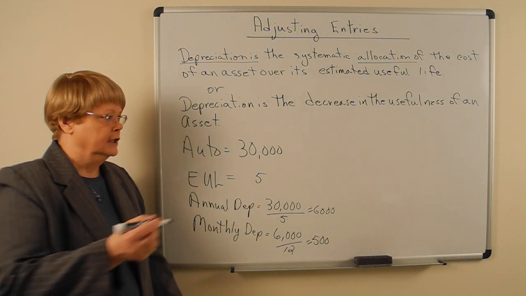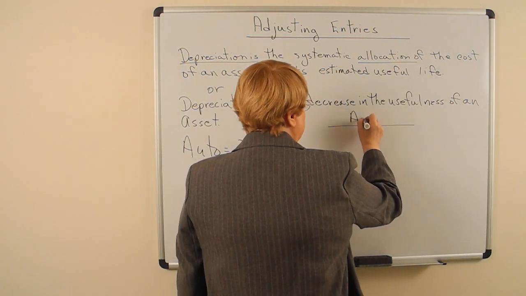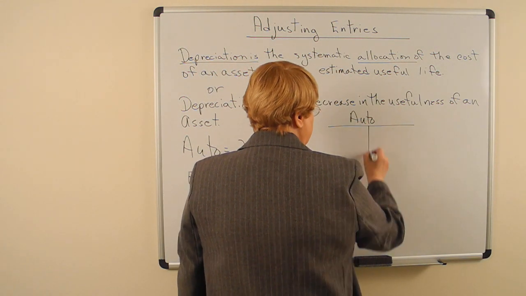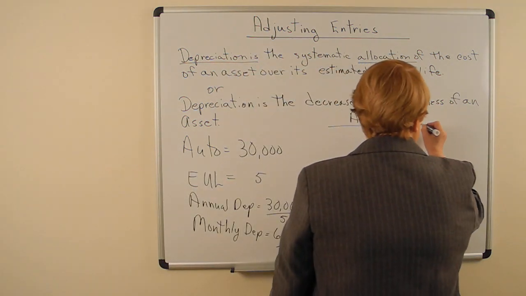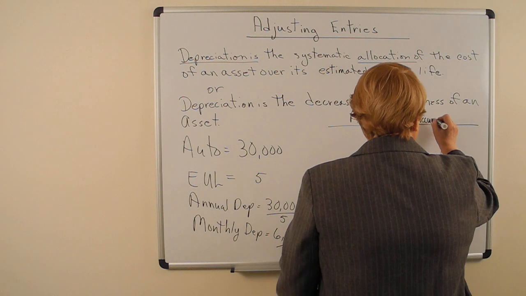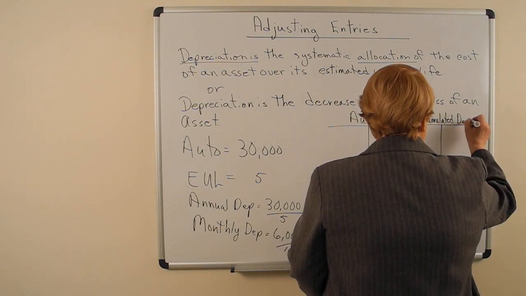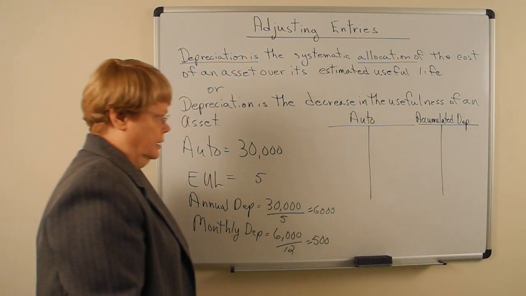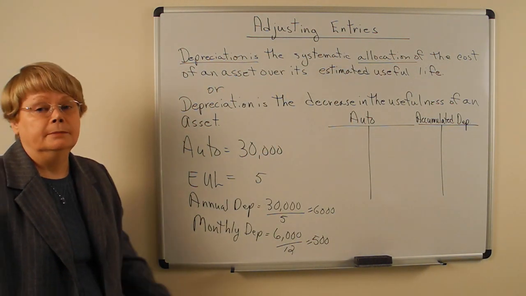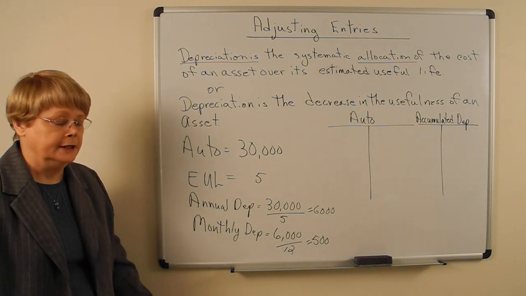Now, let's put up our accounts. Here's our T account for the auto. Okay. And here's our T account for the accumulated depreciation. Okay? Now, when we purchased that automobile, we might have financed it, we might have paid cash, but let's keep it simple here and say we paid cash.